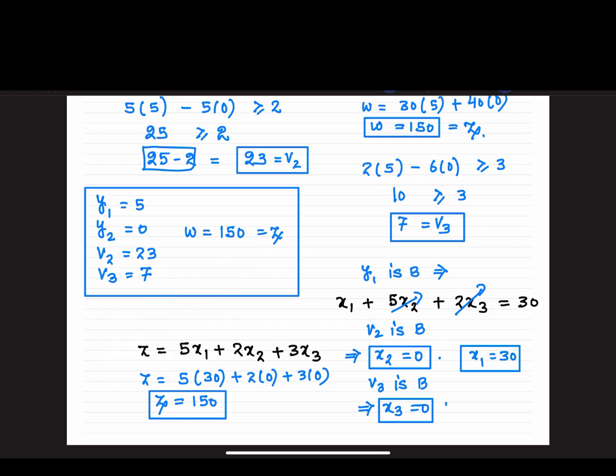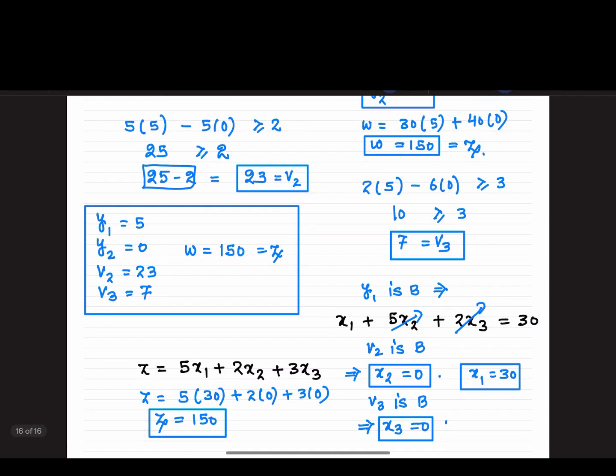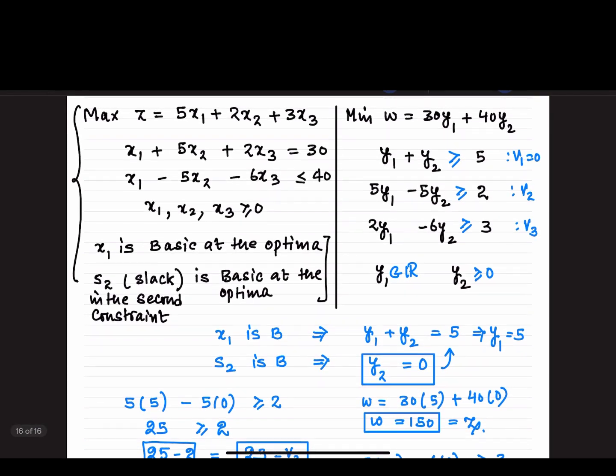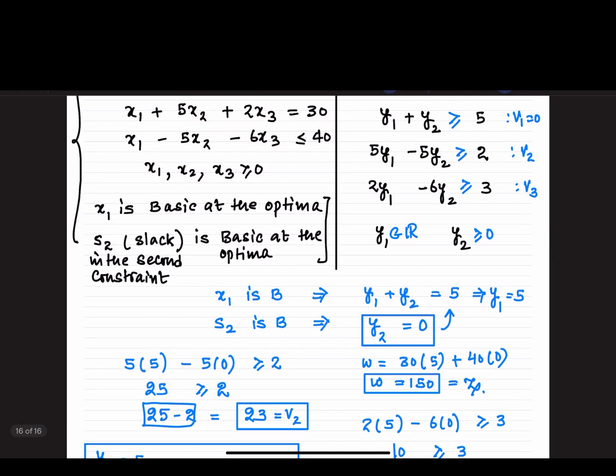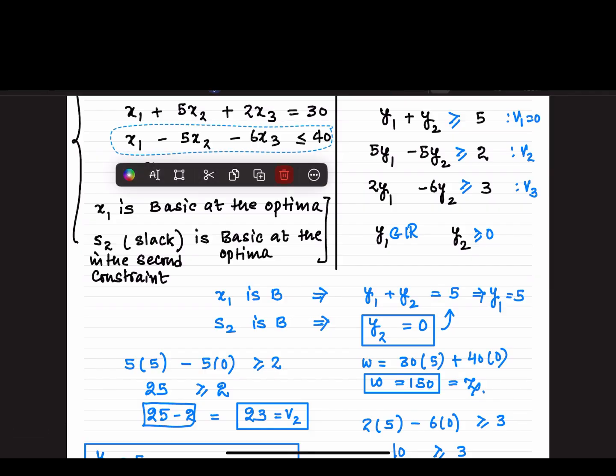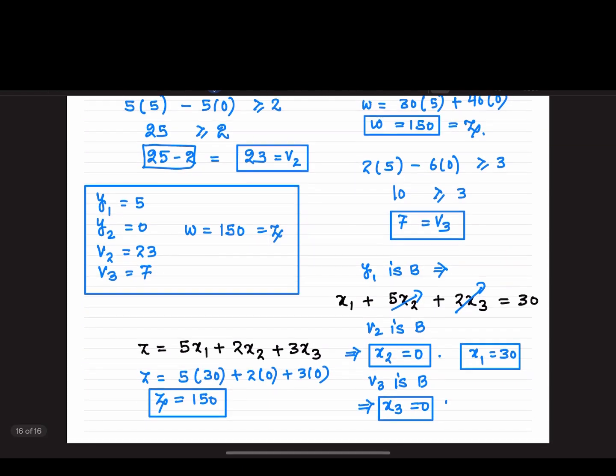Now, we got x1, we got x2, we got x3. But this constraint, इसके बारे में किसी ने कुछ बताया नहीं अभी. We just plug in the value and calculate the slack. x1, इसको कॉपी कर लेते हैं. x1, this is the constraint.